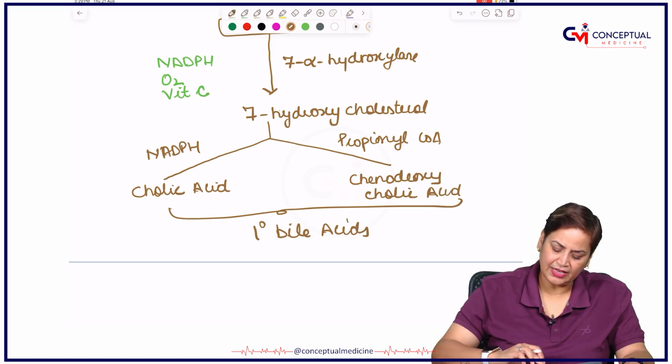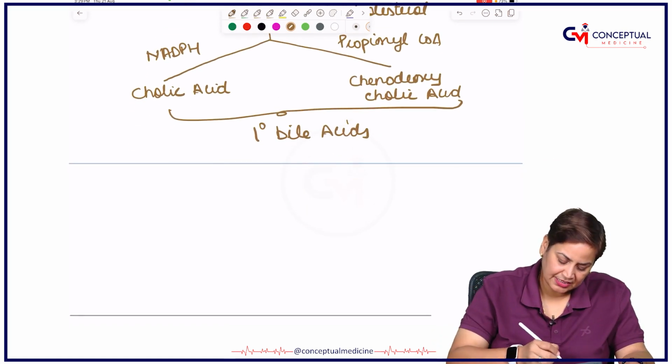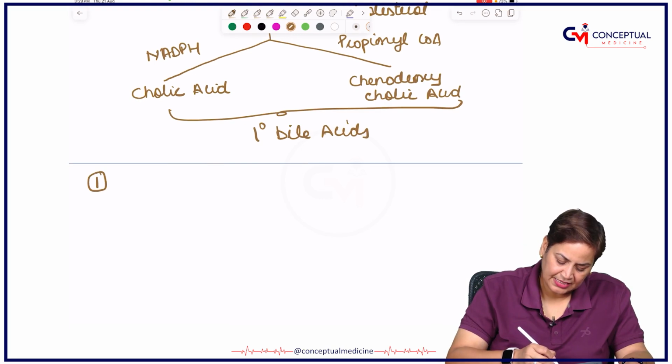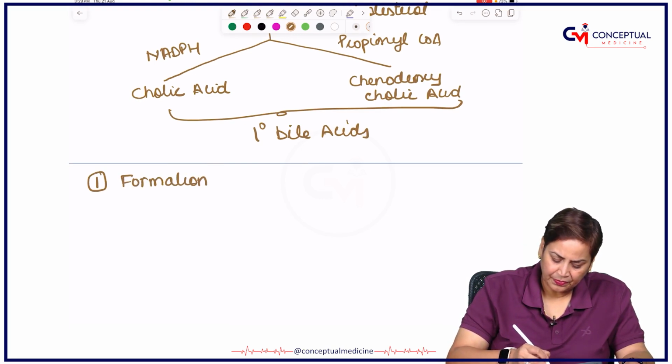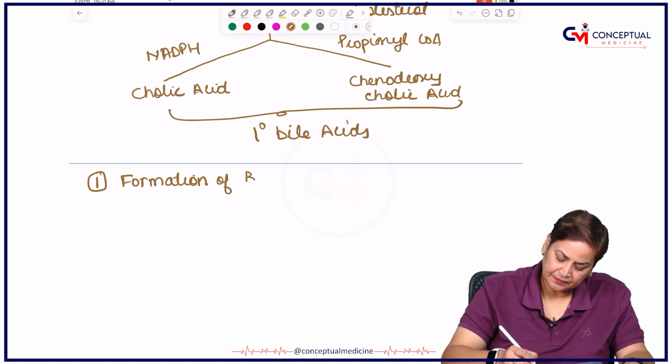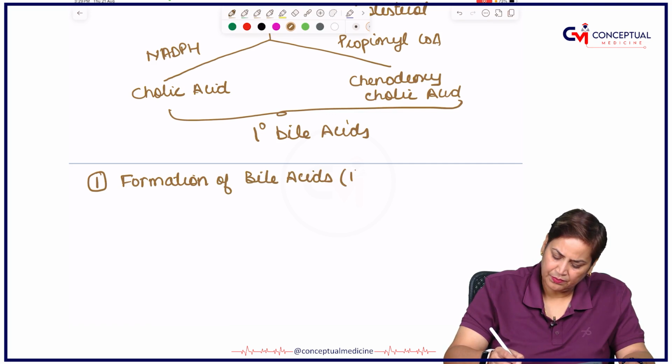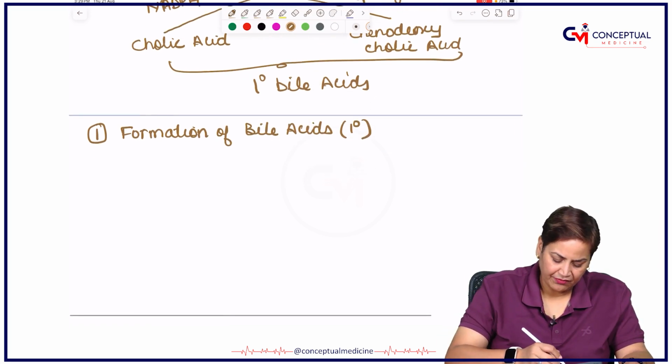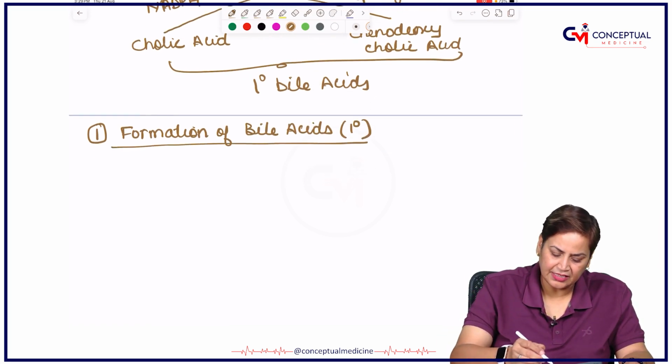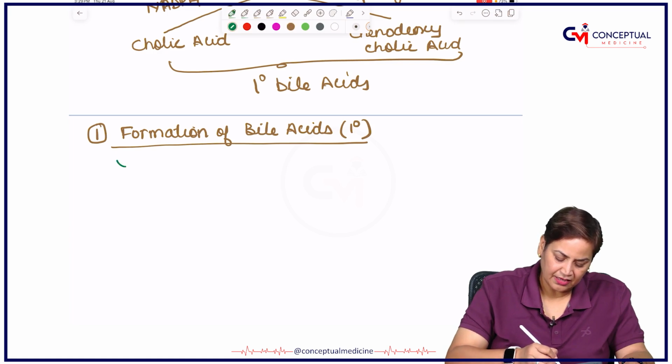Now the question is, where is the process occurring? So the first step is formation of primary bile acids. And where does their synthesis occur? The synthesis occurs in the liver.